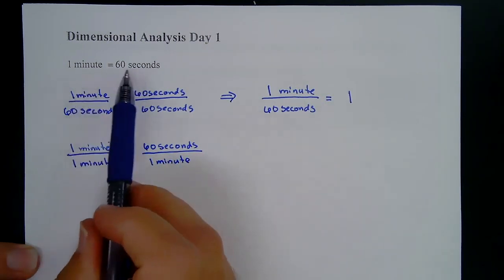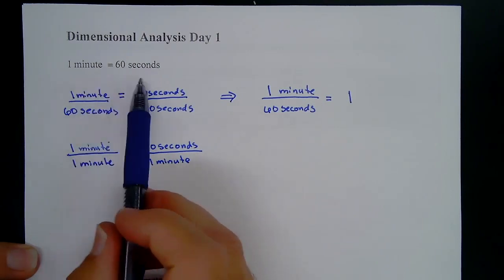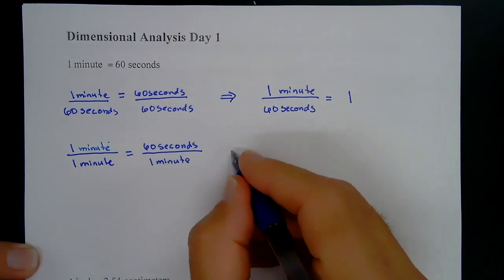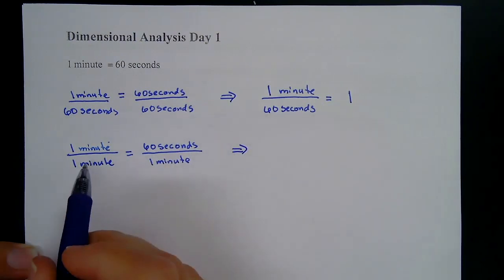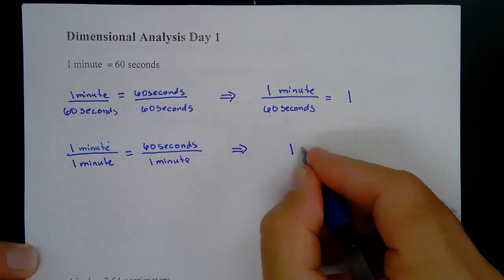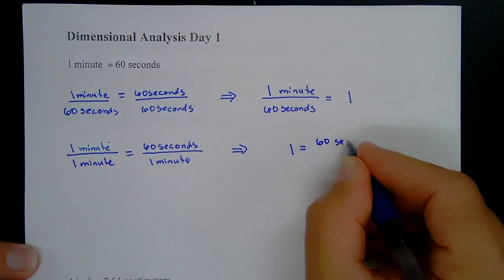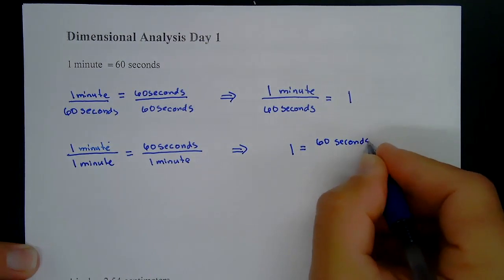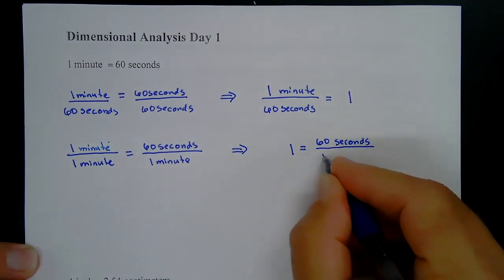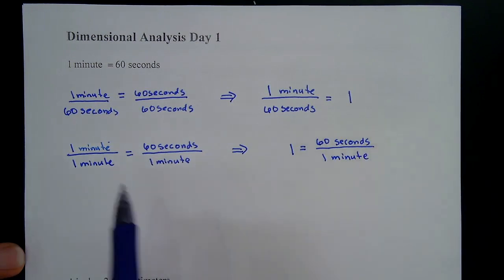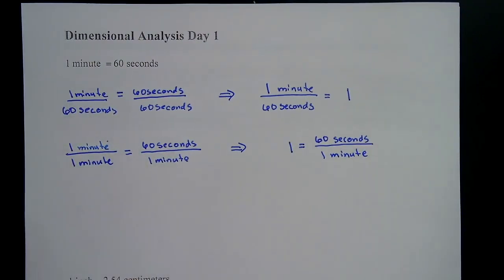So we took this equation that we know is true, and we divided both sides by 1 minute. And so it has to stay equal, right? This side becomes 1, and so 1 is the same as 60 seconds over 1 minute. And so we could write this two different ways.